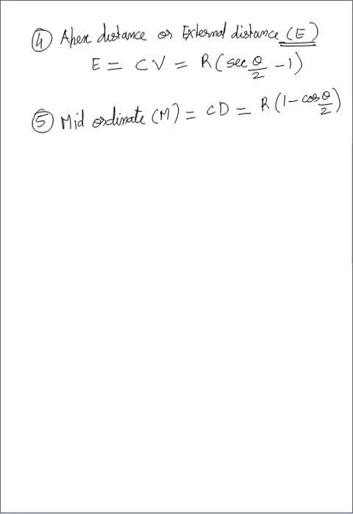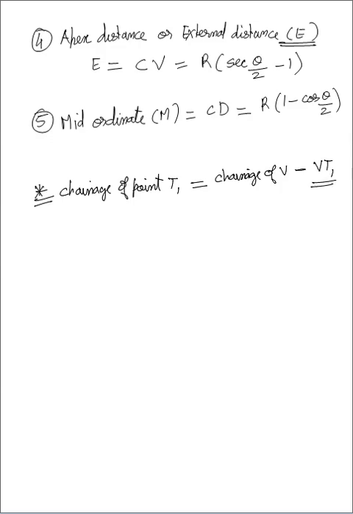Now another thing which you should remember is the chainage of point T1. It is equal to chainage of point V minus VT1. What is VT1? VT1 is your tangent length.